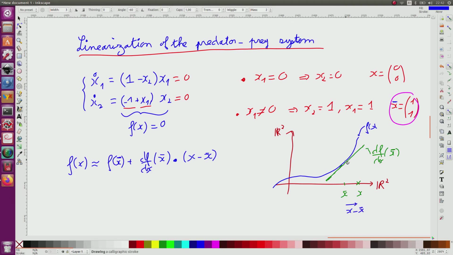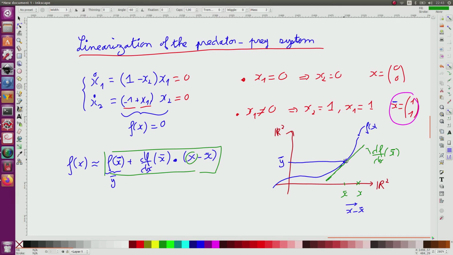And here it corresponds to the image that we can call y bar, where y bar is equal to this term, f of x bar. So we can understand that f of x is approximately equal to this term, which is affine with respect to x, and which is the equation of the green tangent plane.